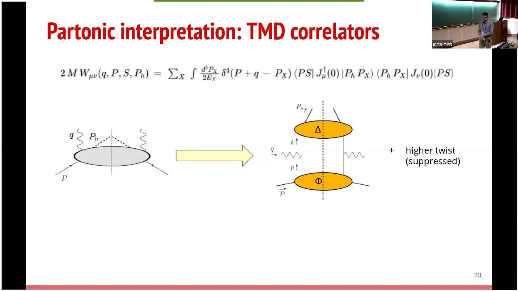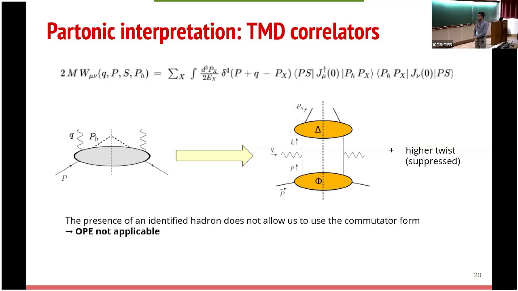Okay, so let's get to the TMDs. This is our hadronic tensor for the semi-inclusive DIS case. We just know about this blob right now. The ideal case would be to be able to apply the operator product expansion again in order to obtain something like a handbag diagram here.